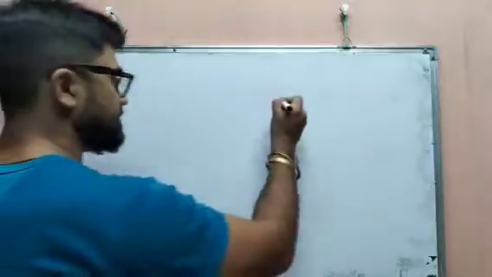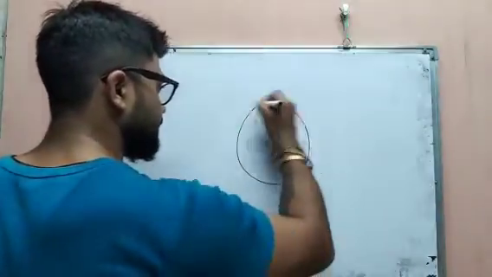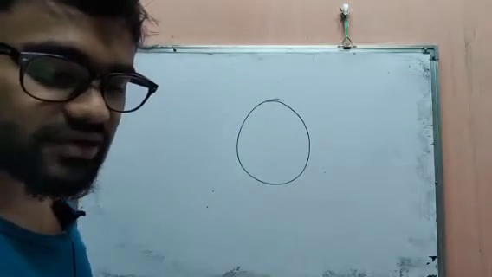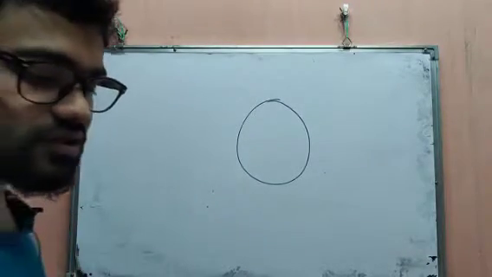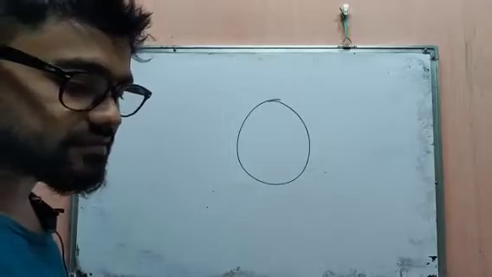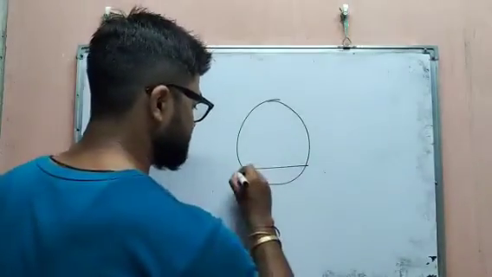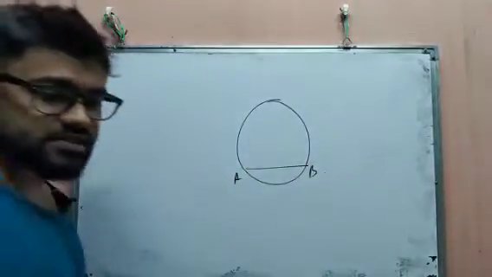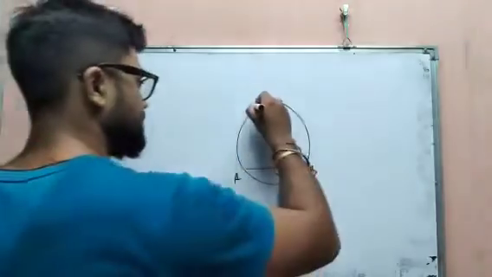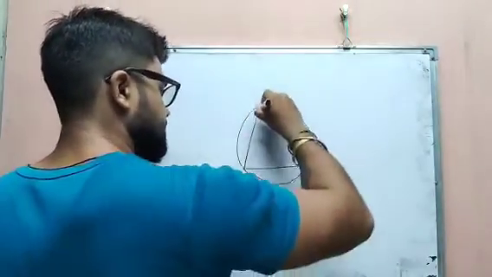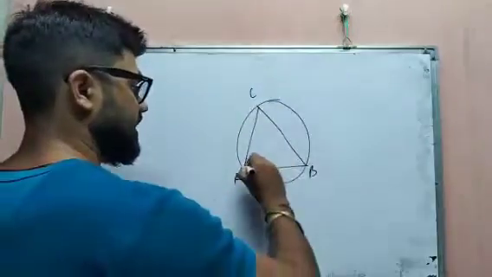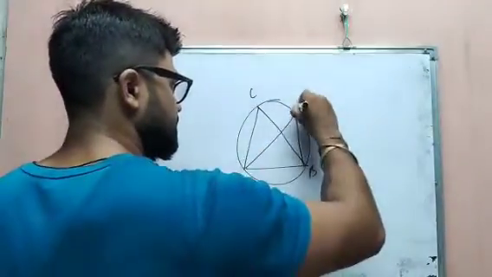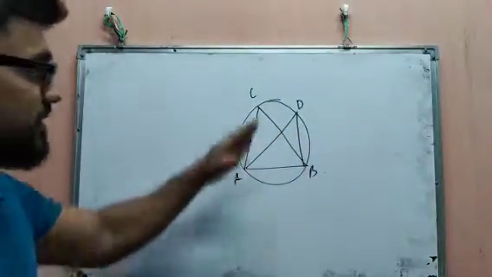Suppose there is a circle given. Consider a line segment AB, and two other points C and D on the same side.